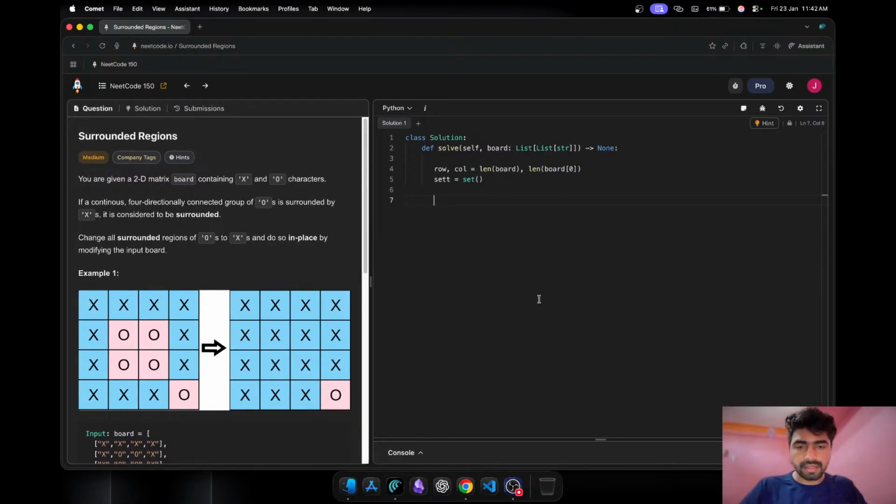So I will now write the function that is DFS, which will take R and C. I need to check if it goes out of bound.